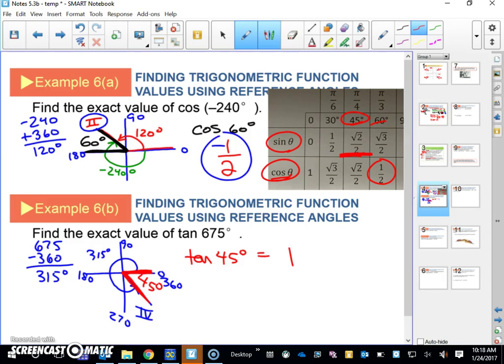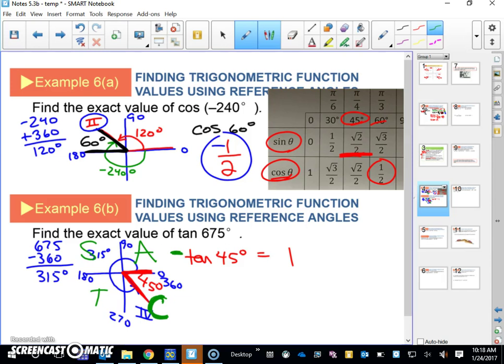But don't forget that second part. That second part says, are we positive or negative in that fourth quadrant? And so if you remember that mnemonic device, all students take calculus, the C in that fourth quadrant tells me that cosine and its reciprocal secant are the only ones that are positive, meaning that tangent is negative.